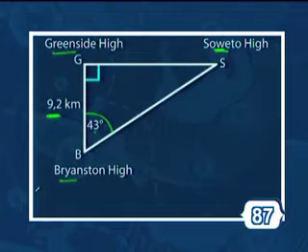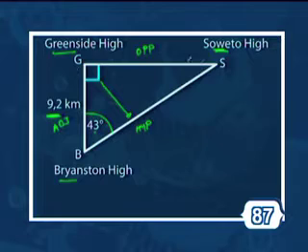Therefore, let's label using our triangle, which is our hypotenuse, the adjacent, and the opposite. The side opposite the 90 degrees is the hypotenuse, which is BS. The side adjacent to angle 43 is side BG. And then the side opposite angle B is side GS. So from this diagram, we can see that we are looking for the hypotenuse, and the side that we are given is the adjacent.